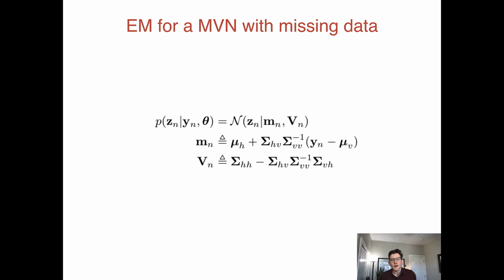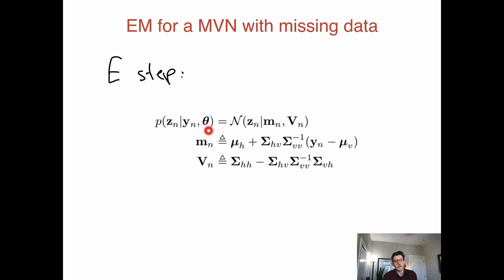Okay, let's see what happens when we apply the EM algorithm. So we have two steps, the E step and the M step. Let's start with the E step. In the E step, we need to derive the probability of the hidden variables given the observed ones for a specific value of our theta.